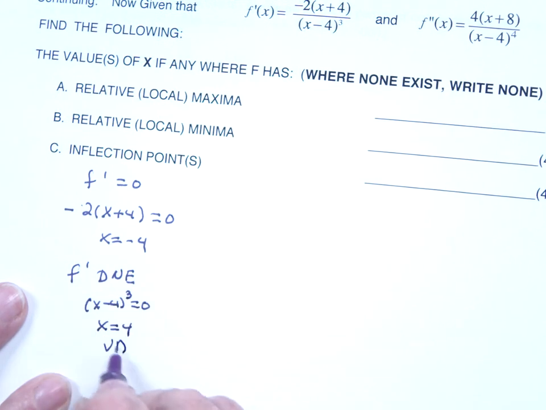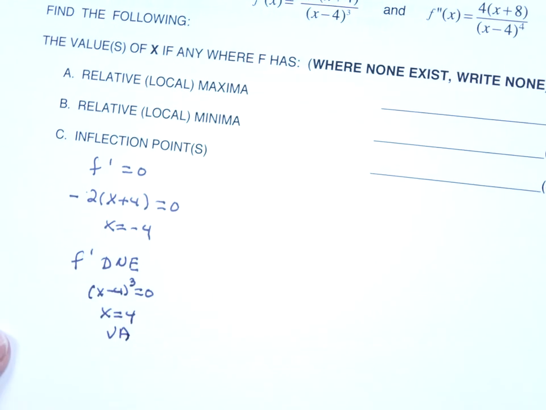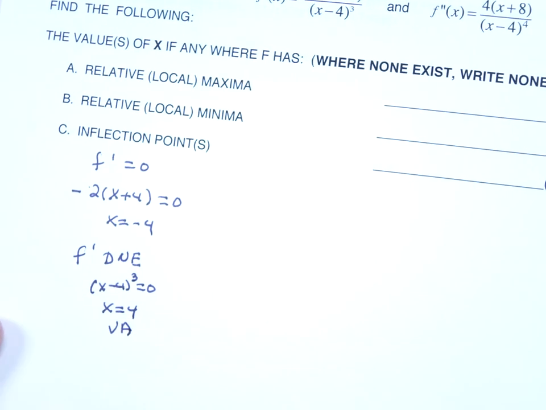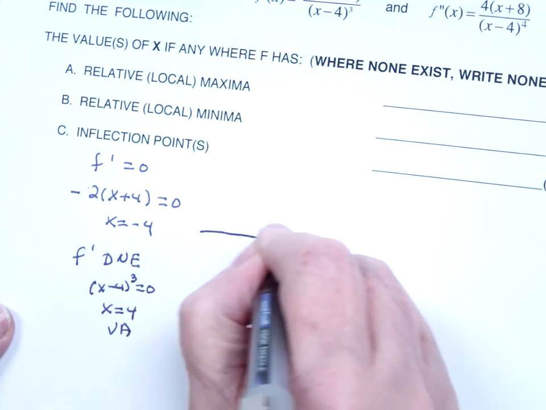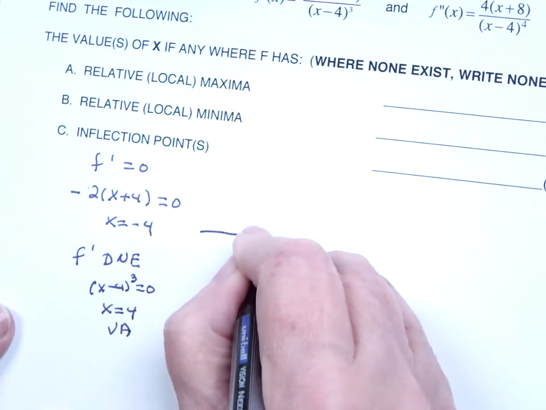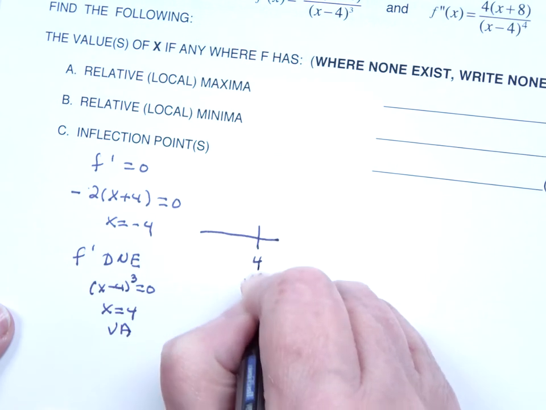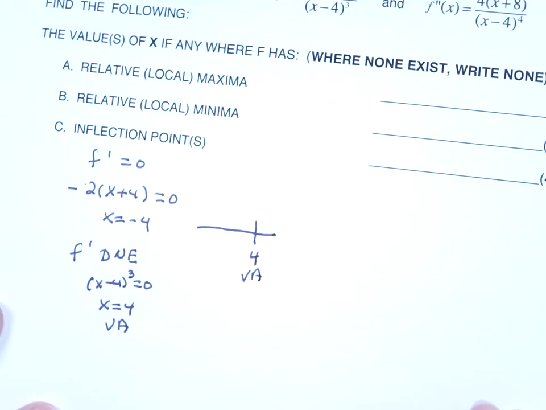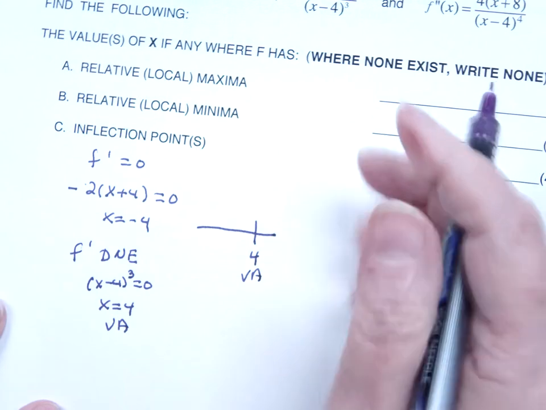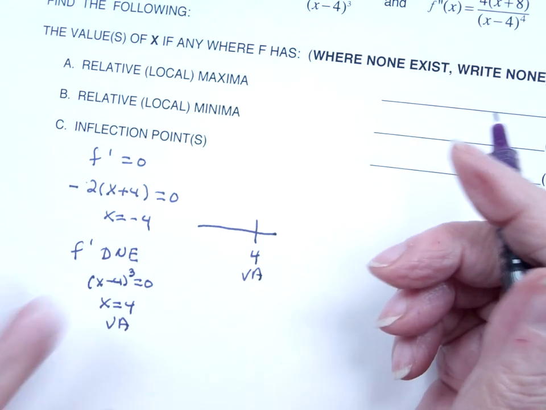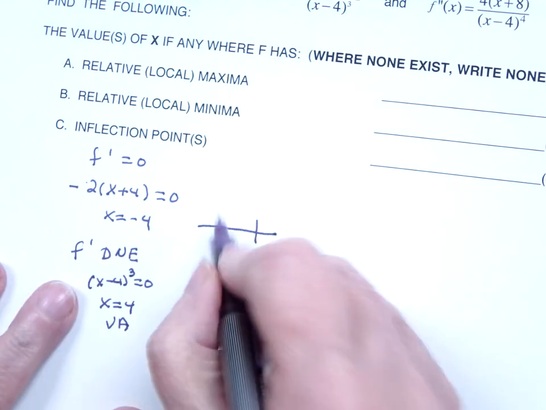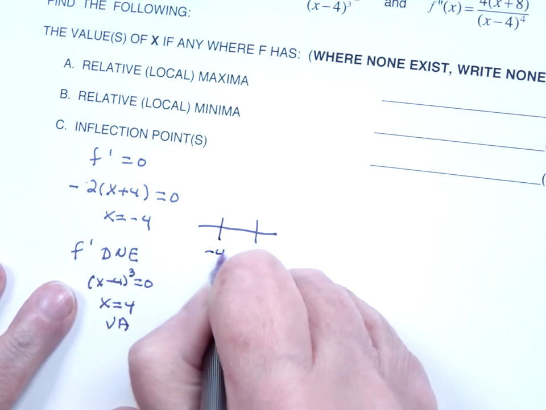This is a VA, so it's a vertical asymptote. So if you remember, you've got to take that into consideration. 4 is a VA. And I don't think you're asked for, you're just asked for maximums and minimums. And -4.